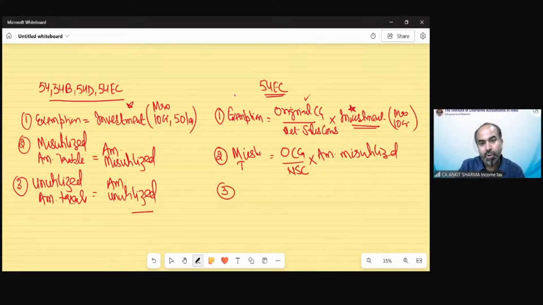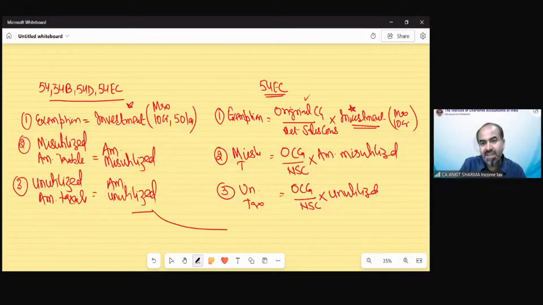If you want to find out the unutilized taxable amount, use exactly the same formula: original capital gain upon net sale consideration into unutilized amount. So you can see these are the same.